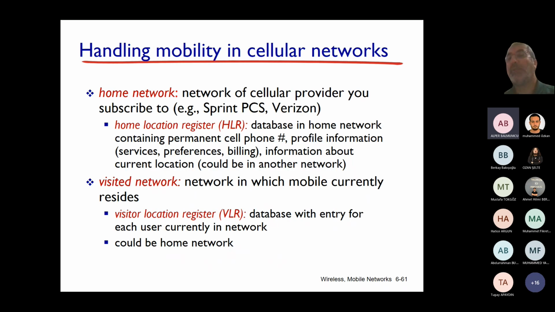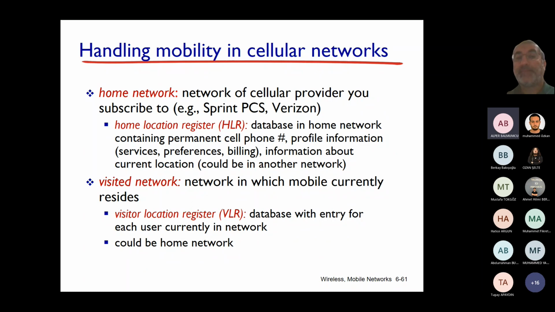So how do we handle mobility in cellular networks such as 2G, 3G, and LTE? We have a similar concept which is called the home network. This is the network of the cellular provider you subscribe to, such as Turkcell, Türk Telekom, and Vodafone. Within this home network, we have a database which is called the HLR, Home Location Register database.